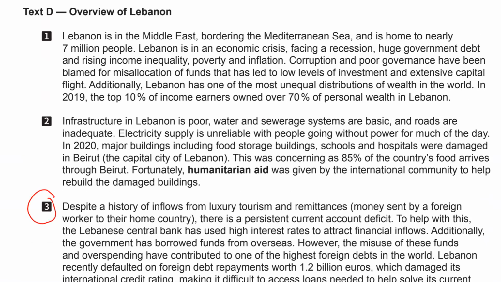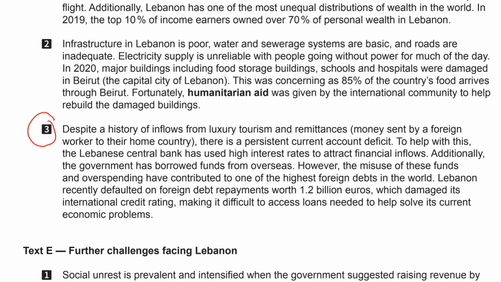Text D, paragraph 3. Despite a history of inflows from luxury tourism and remittances, which refer to money sent by foreign workers to their home country, there is a persistent current account deficit. To help with this, the Lebanese Central Bank has used high interest rates to attract financial inflows. Additionally, the government has borrowed funds from overseas.